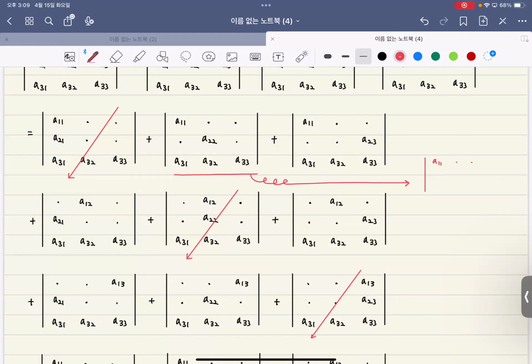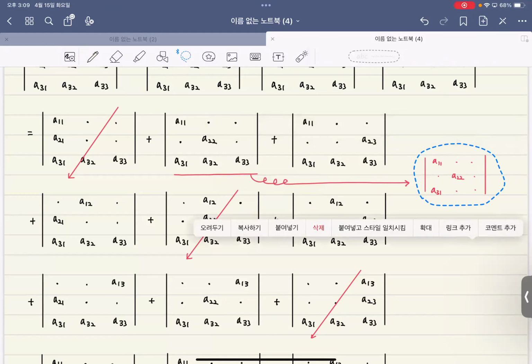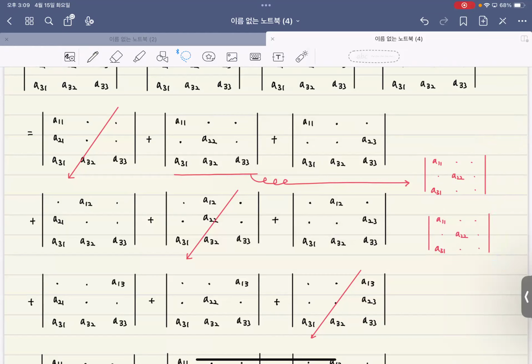A11, A22, A31. So this single determinant also can be broken down into these 3.